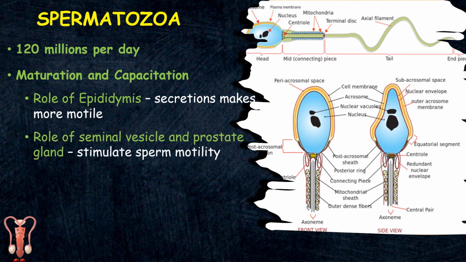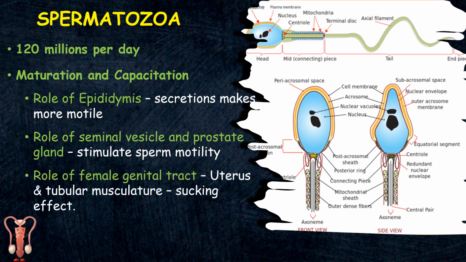The role of seminal vesicles and the prostate gland. Secretions of the seminal vesicles and the prostate have a stimulating effect on the sperm motility, but the spermatozoa become fully motile only after ejaculation. Role of female genital tract.